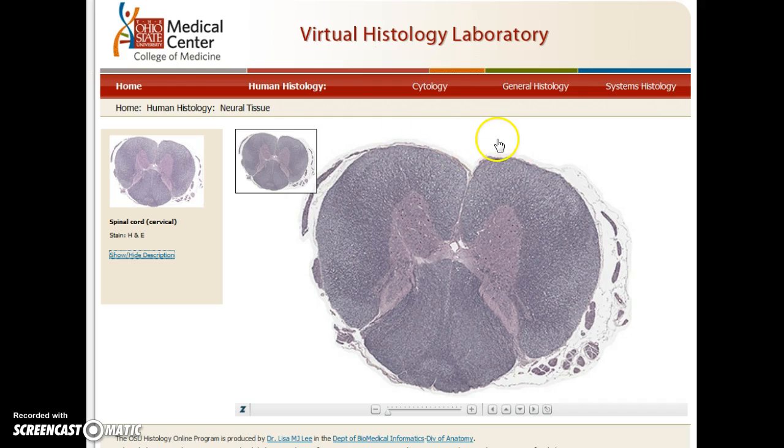So the anterior median fissure is this large or larger groove on this side, and then where this would be, there is a kind of a line right here. This would be the dorsal median sulcus because it's narrower. So it's not very visible, but it would be there.